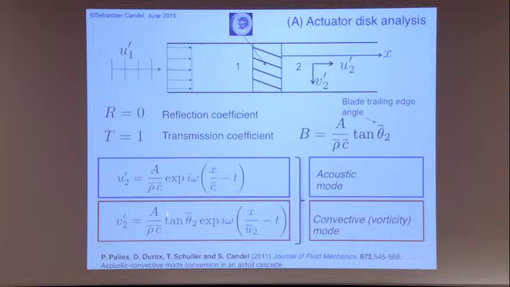So you can write down this expression, and you see these amplitudes are about the same. Tangent of theta 2 is like 1, and so the vorticity wave is as strong as the acoustic wave.